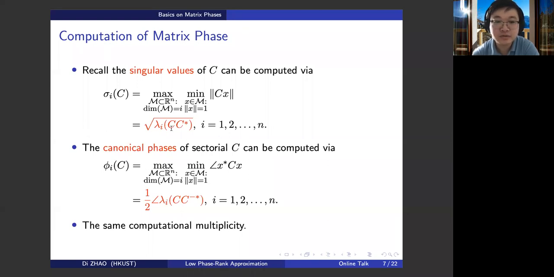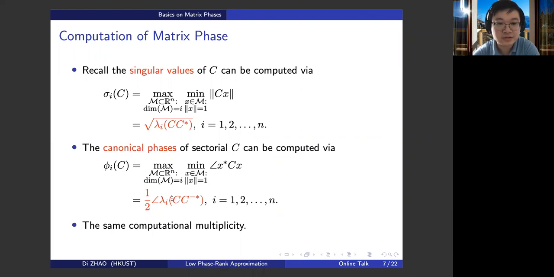And we can also use a CC star-like form, but instead of CC star, we use C minus star. Here, this star is just the complex conjugate transpose. So we take the inverse of C, then take the conjugate transpose, then multiply it by C. We still work on its eigenvalues: we take the eigenvalues, take the angle, and take half, like taking a square root. Okay, so this is very parallel.